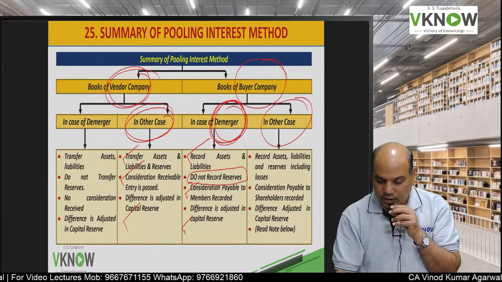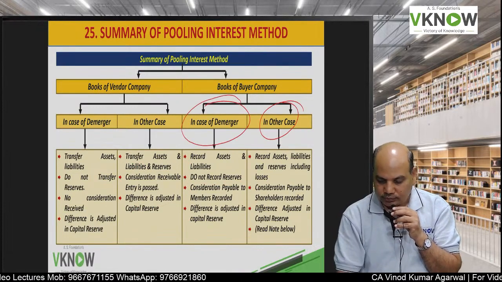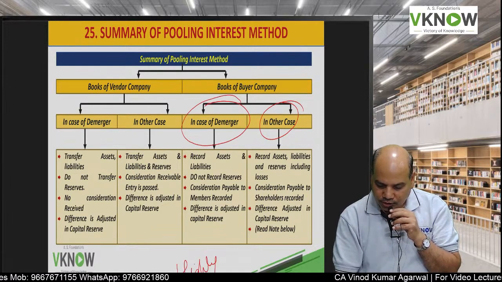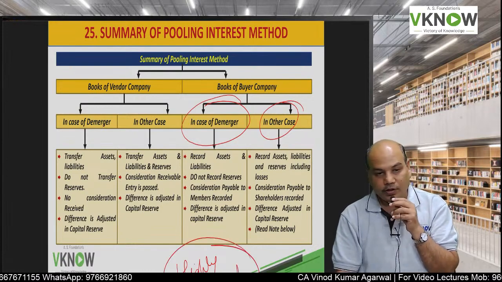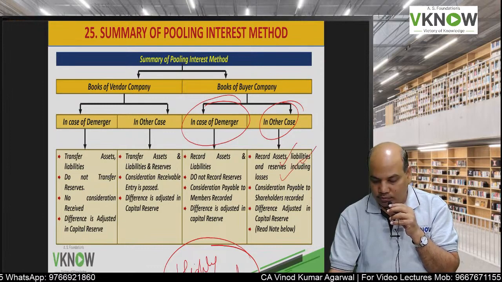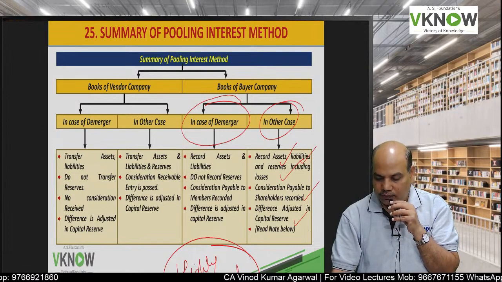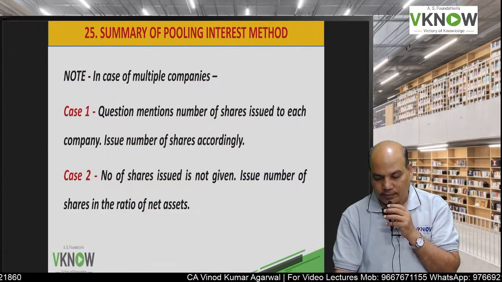And if it is any other case, both situations are highly tested in the exam, you can take a snapshot and keep it in your notebook. So in the other case, you will record asset, liability and reserve, consideration payable is recorded and capital reserve is recorded as the difference. Do not record goodwill.